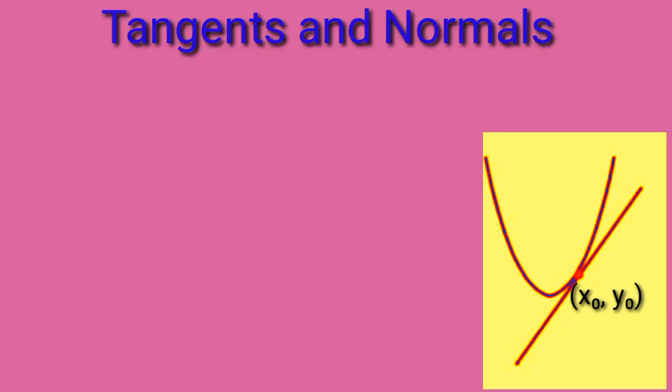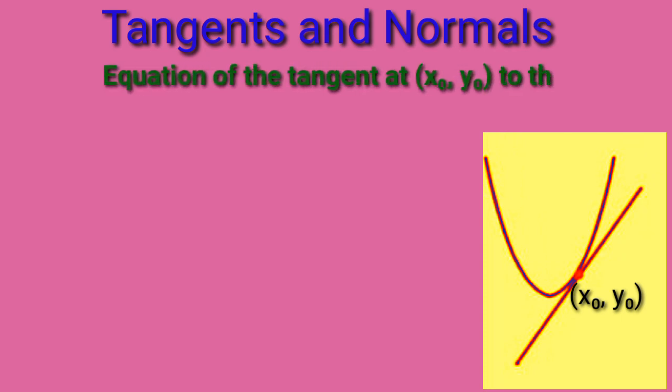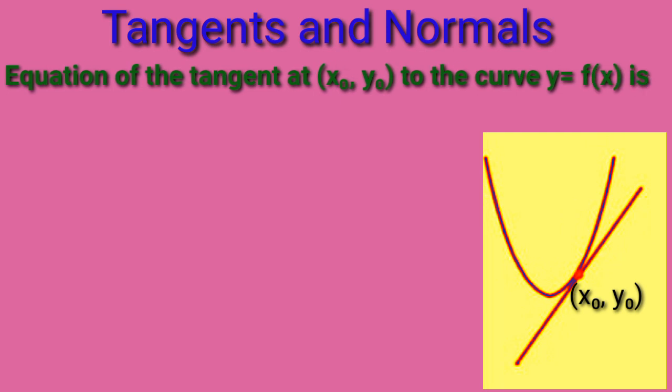Now let us look at the equation of the tangent. We know that the slope of this tangent is f dash of x0. Then we can find the equation of this tangent at (x0, y0). We know that it is a straight line, and the equation of a straight line is y minus y0 equals m into (x minus x0), where m is the slope of that line.